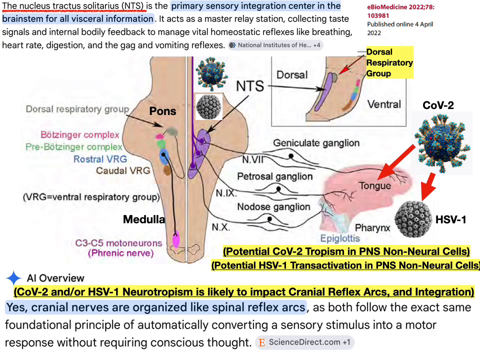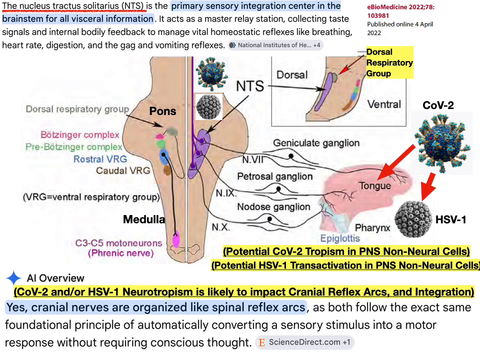The nucleus tractus solitarius acts as a master relay station, collecting taste signals and internal bodily feedback to manage vital homeostatic reflexes like breathing, heart rate, digestion, and the gag and vomit reflexes.